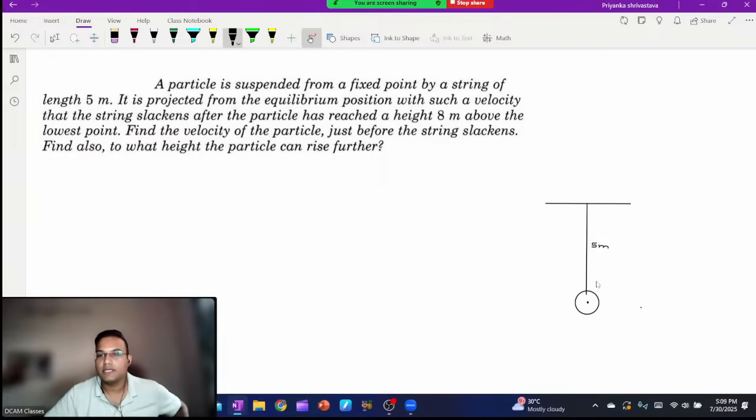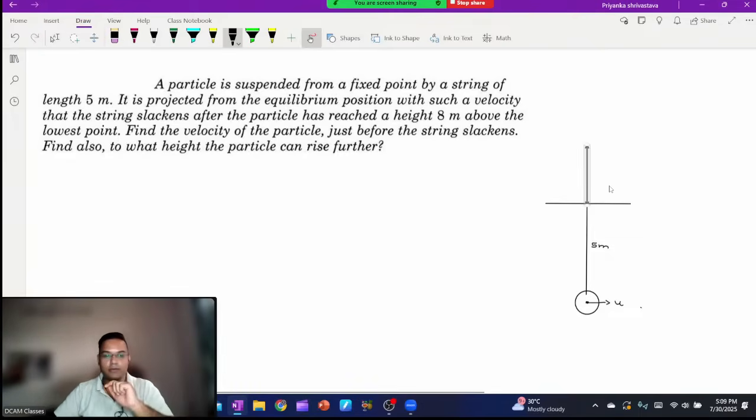It is projected with such a velocity u that the string slackens after the particle has reached a height 8 meter.